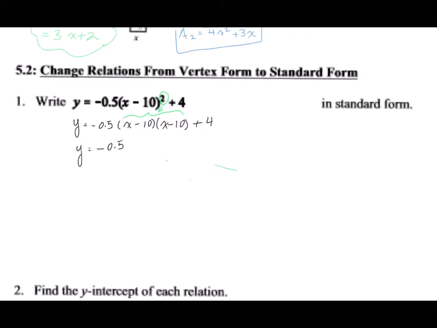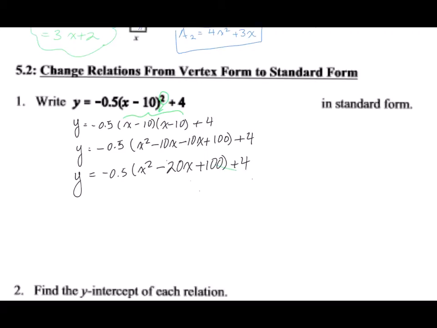So we get 0.5, and inside the bracket, we're going to get x squared minus 10x plus 100, and bracket plus 4. Now let's simplify by bringing the two numbers in the middle inside that bracket. So we're going to get 0.5 bracket x squared minus 20x plus 100 and bracket plus 4 still.